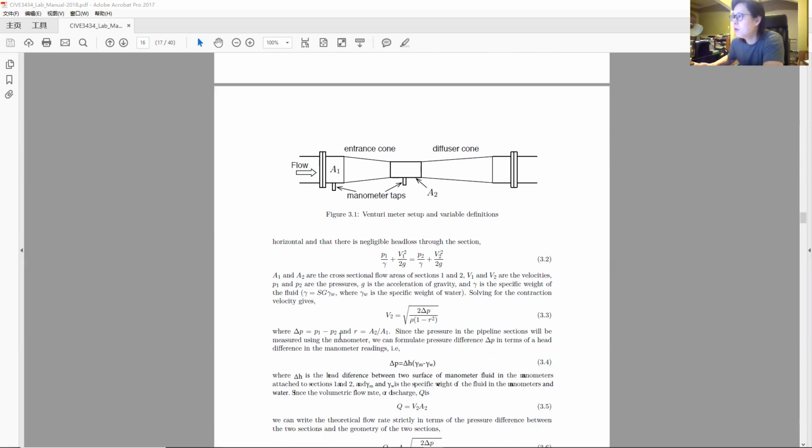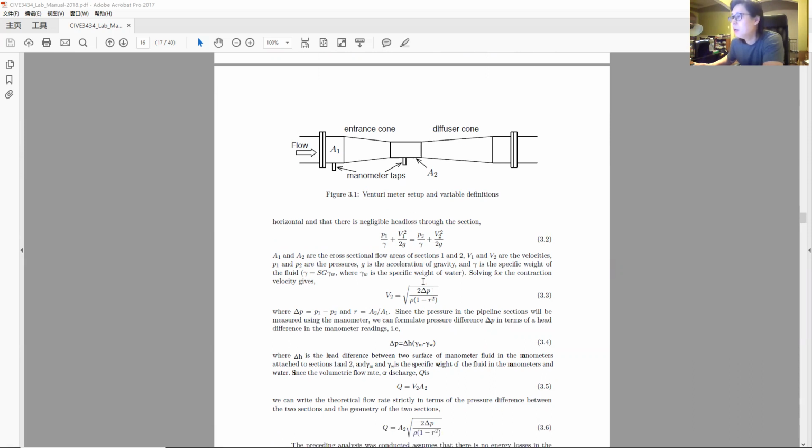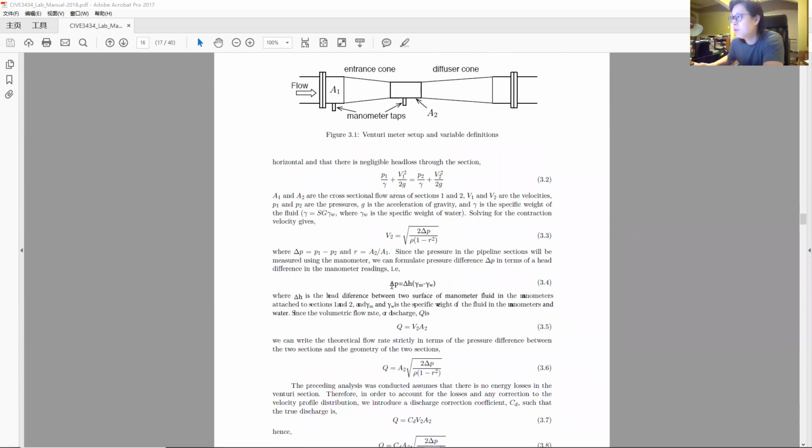Delta P is P1 minus P2, the pressure difference between these two taps, and it can be calculated using equation 3.4. Delta P equals delta H times gamma M minus gamma water, the specific weight of the manometer fluid minus the specific weight of water.